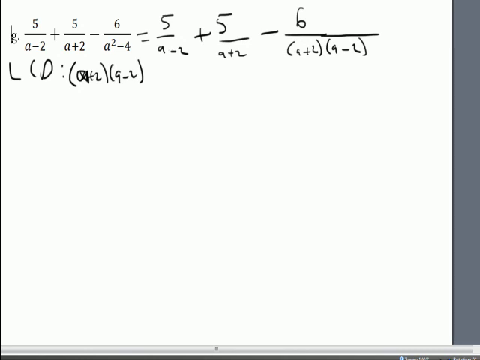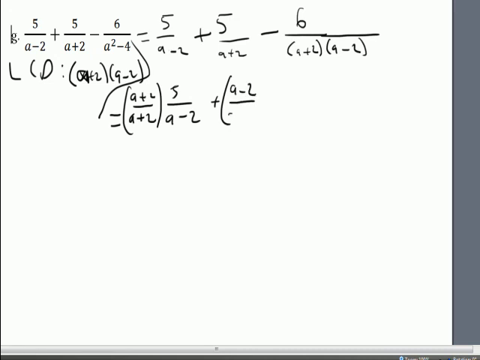So it's already good. So again, I need to take that first term, just coming down from there, multiply it by a plus 2 over a plus 2 times 5 over a minus 2, plus a minus 2 over a minus 2 times 5 over a plus 2, minus, that one just gets to come along for the ride, the 6 over a plus 2 times a minus 2.